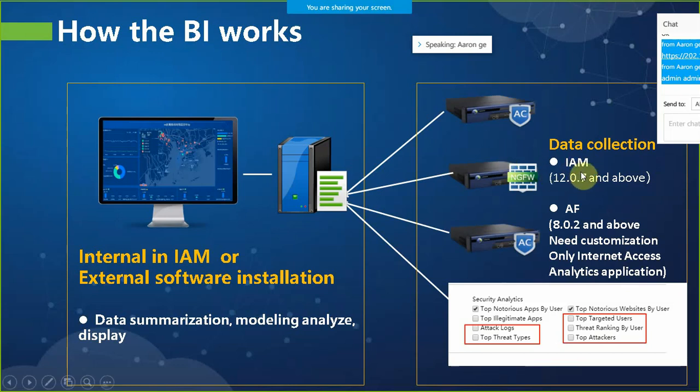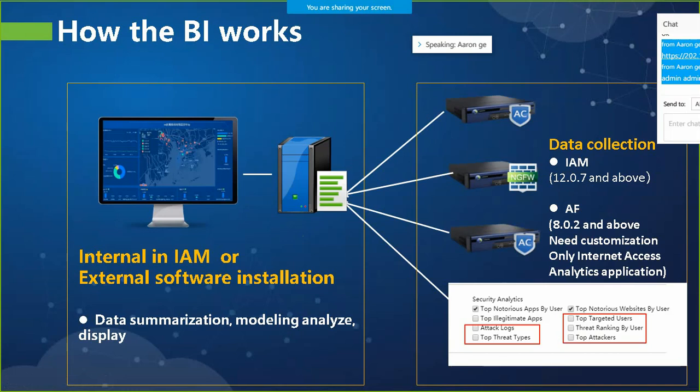If you want to use the built-in one, you have to upgrade to 12.0.13. If the customer just needs the external one, 12.0.7 can also be used, because some customers may have customization or other reasons to upgrade or change their network, so we can use the external BI platform.